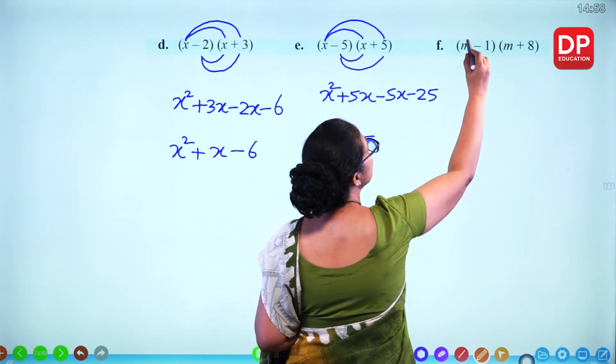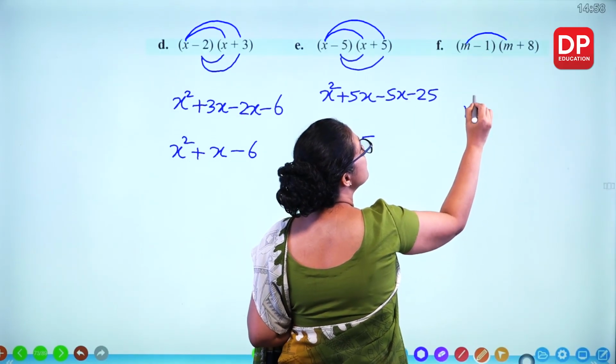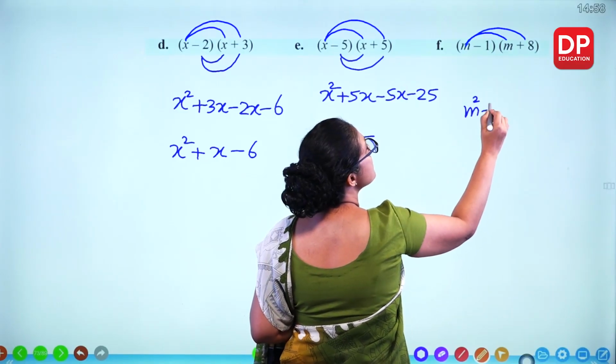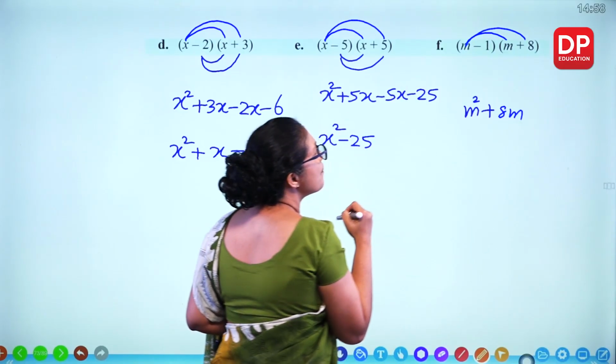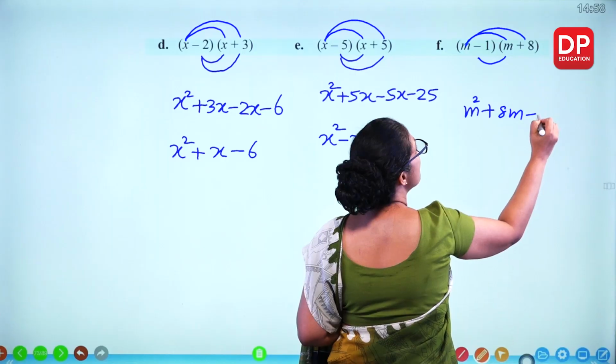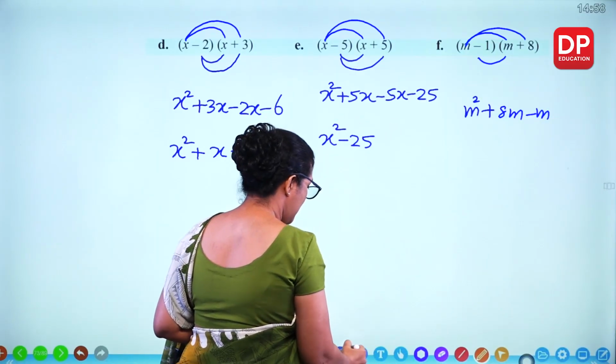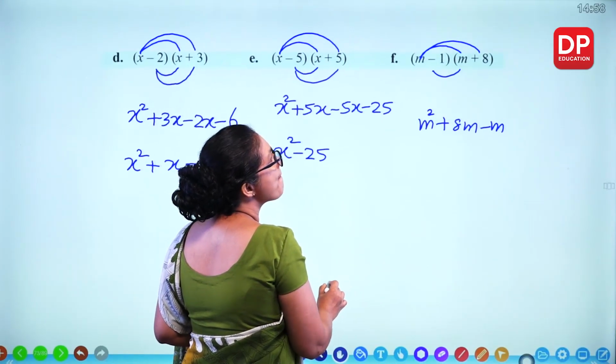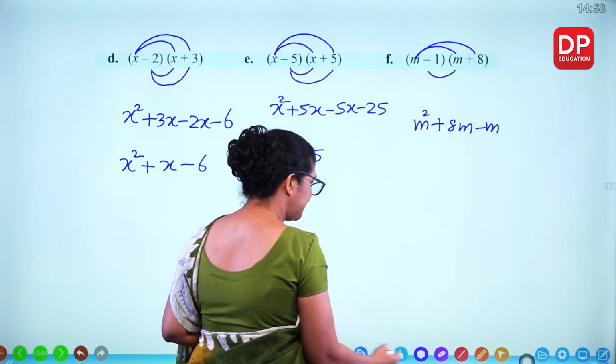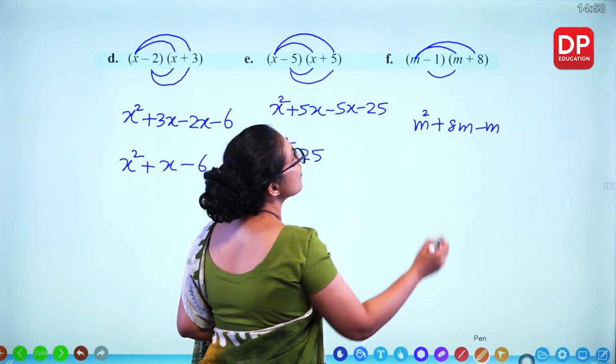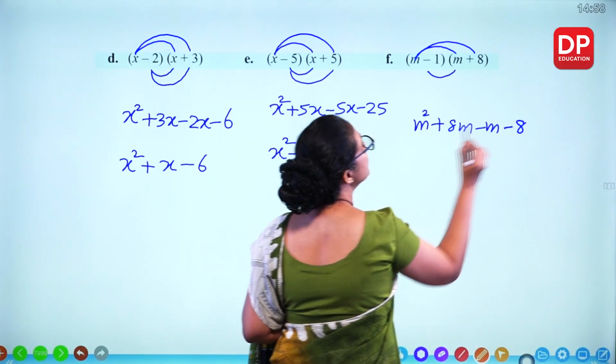This one, m squared plus 8m minus m, and what's the last term? Minus 1 into 8, you get minus 8.